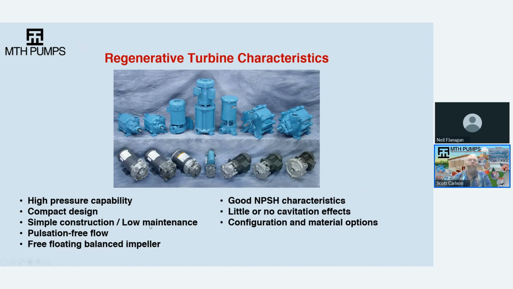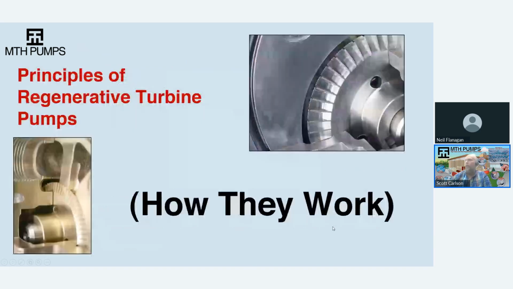They usually only have about 3 major components: the cover, motor bracket, and impeller. They are pulsation free, so you get a steady flow of water or whatever fluid you're pumping. They have good NPSH characteristics, that's net positive suction head, which gives them little to no cavitation. And we have a bunch of materials of construction available.